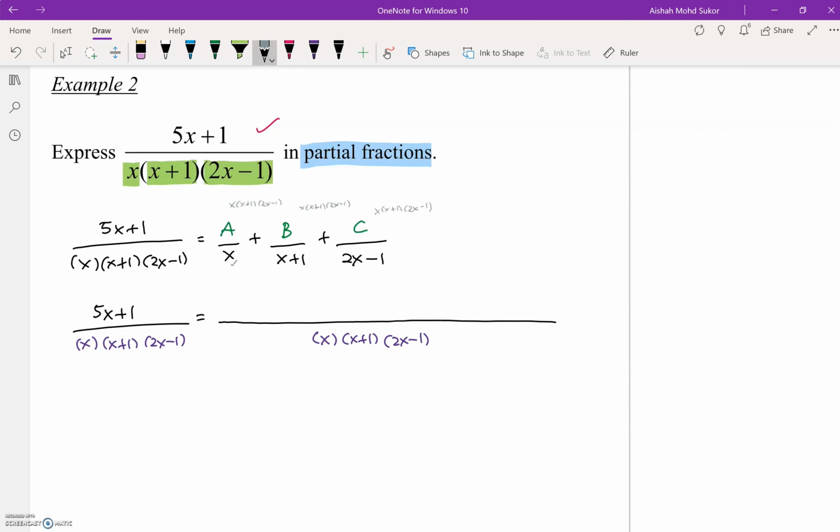Now you already have x here, so A will be multiplied by (x + 1) and (2x - 1). You already have (x + 1) here, so B will be multiplied by x and (2x - 1). You already have (2x - 1), so C will be multiplied by x and (x + 1).